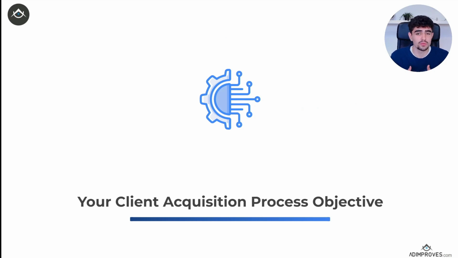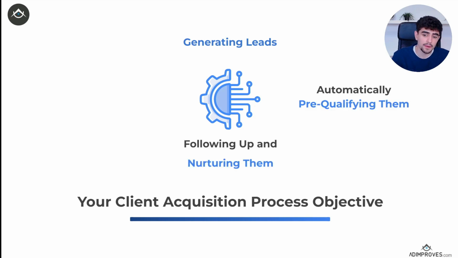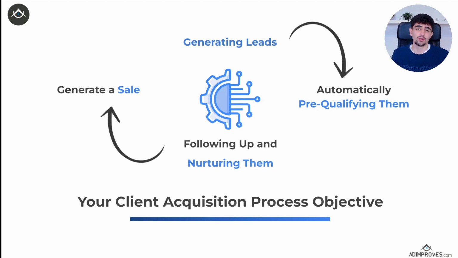Now, your client acquisition process objectives when running ads are to generate leads, automatically pre-qualify them if you can, then follow up and nurture them, and finally generate the sale. This is the process that you'll have to repeat over and over again. And honestly, this is the exact same process that we follow at my own agency.